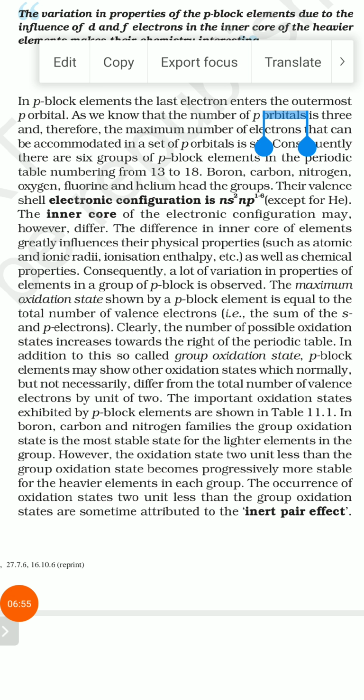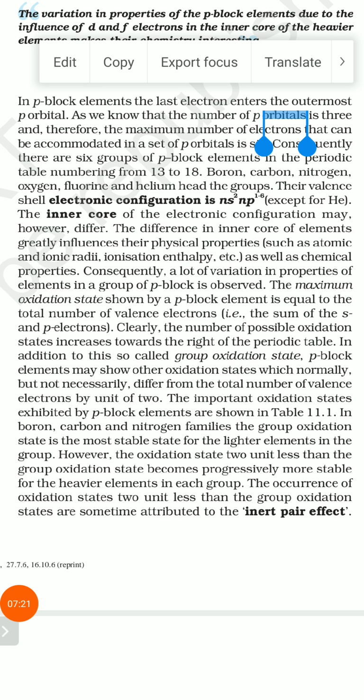Similarly for the p orbital, how many electrons are present? The maximum accommodated is 6 electrons. That means how many subshells are present in the p orbital? Totally there are 3 subshells, and each subshell accommodates 2 electrons.